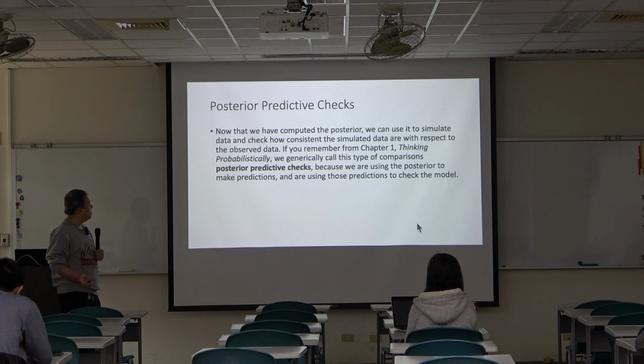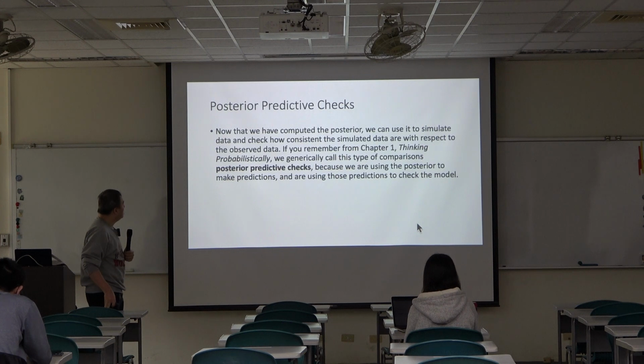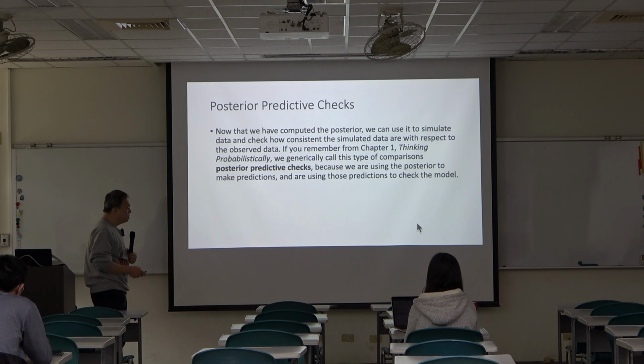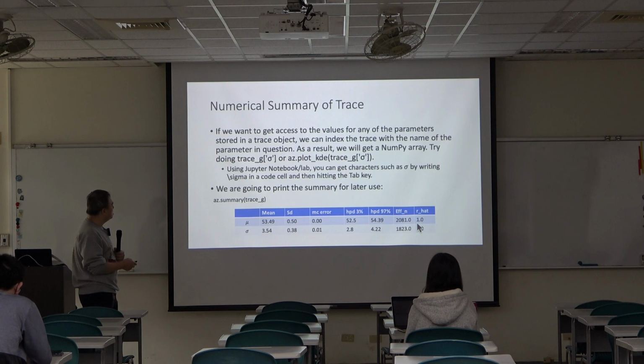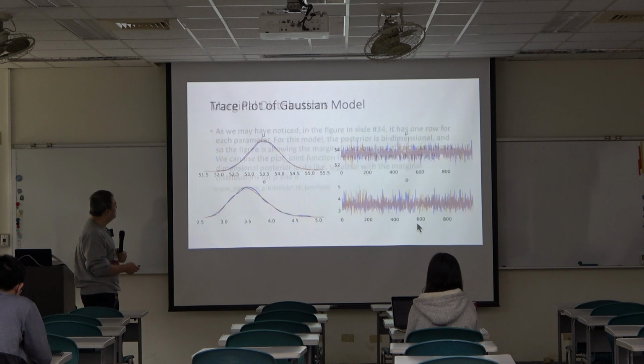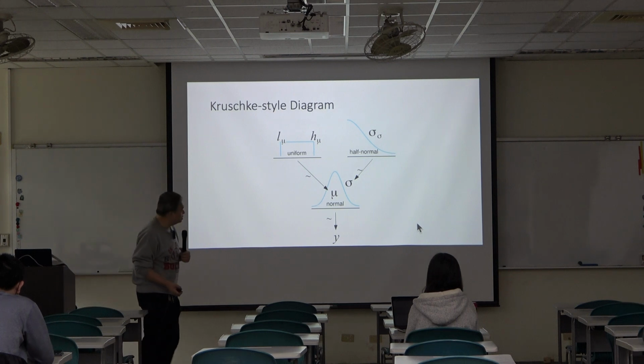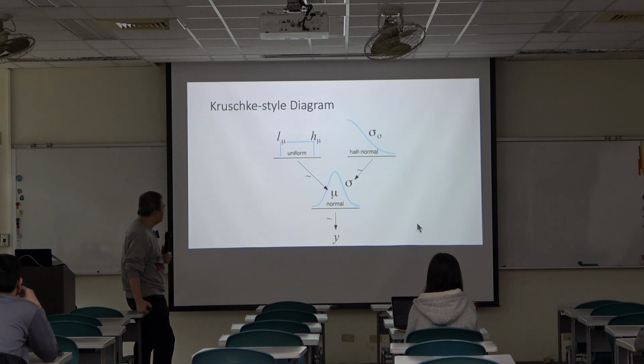So I'll come back to the material that we covered last time. Remember, we talked about the strange chemical shift data, and we tried to model this with a normal or Gaussian distribution, which has two parameters.